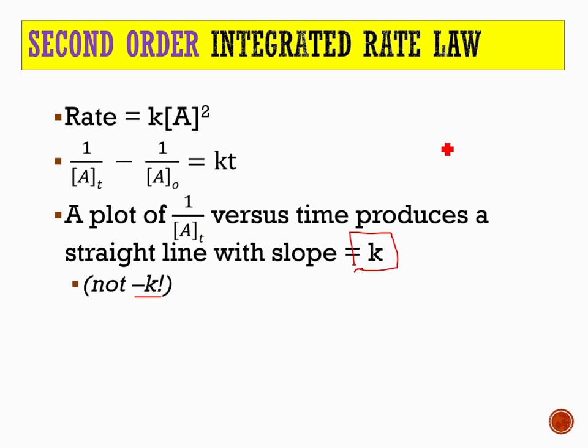And the reason for that is when you plot the second order inverse, you're going to get a slope up and to the right. But that slope is equal to K. So this is going to be 1 over concentration versus time, whereas in first order, we had a downward sloping line.